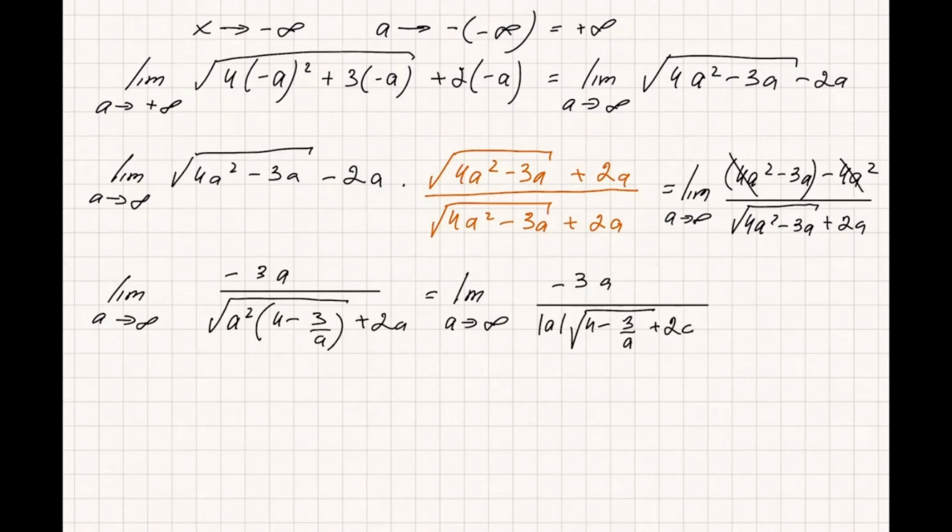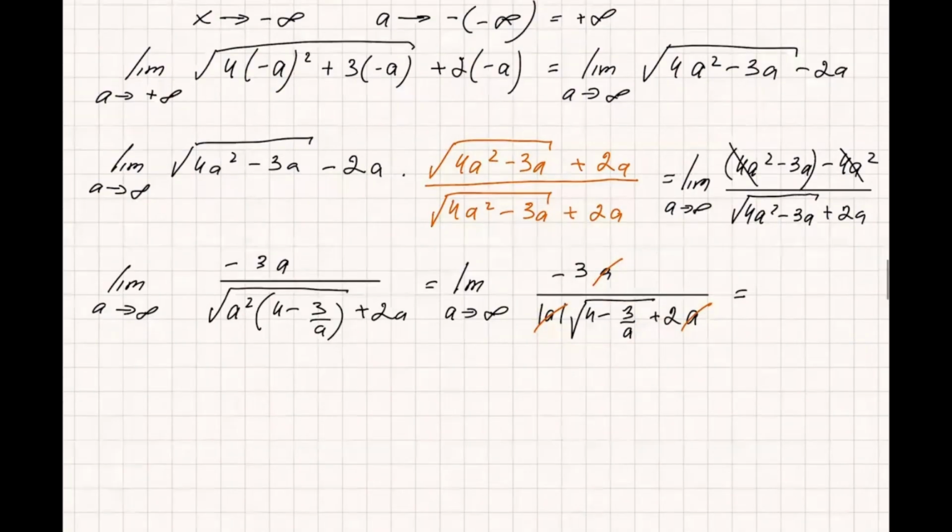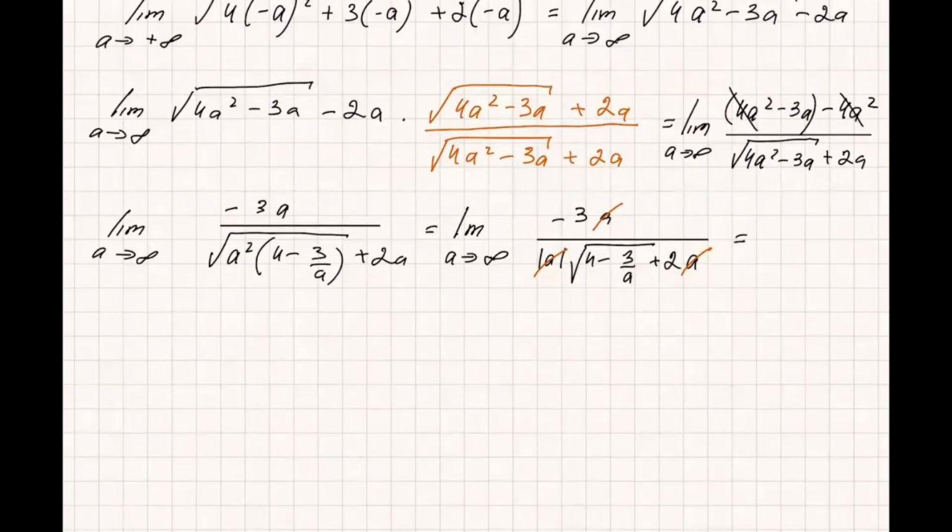Plus 2a. So now I can factor out a from here, or I can just simply cancel a in the numerator and in both terms of the denominator. Remember that you cannot just divide or cancel a's in one of the terms and not in the other. You need to do that in both terms, or factor it out first if you don't see it right away, and then cancel.